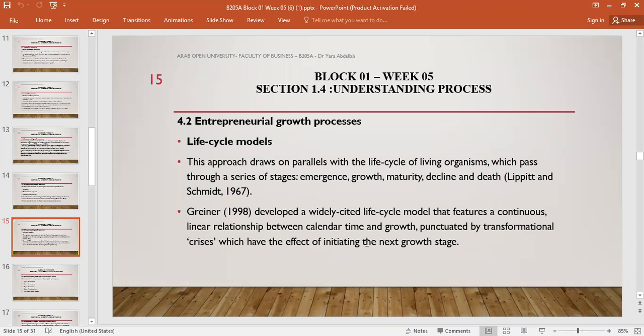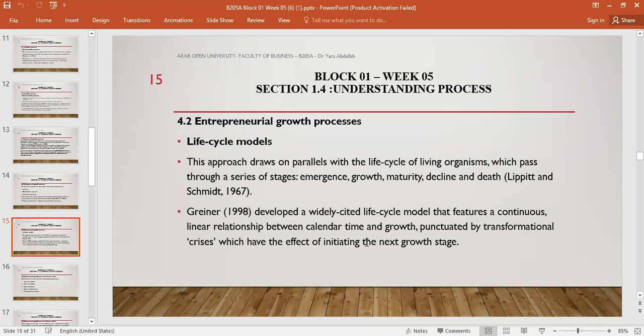The living organism passes through certain stages: emergence or birth, growth, maturity, decline, and death. While the venture can pass through these stages also. And it passes through emergence, then growth, then maturity, then decline and death.